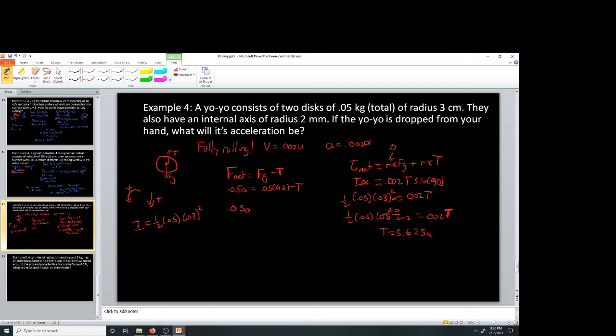This is 0.05 A, 0.05 times 9.8 minus 5.625 A. Do that out, you get A equals, all right, I actually can't read my own handwriting. I think this is 8.6. Don't 100% quote me on that, but that's the acceleration.